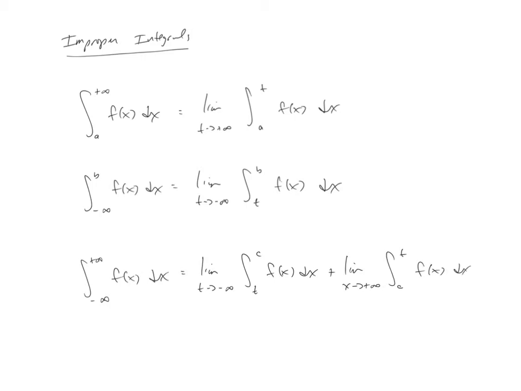We're using several of the properties that you learned back in Calc 1 on how we separated this. We do need to be careful though, because we're studying improper integrals. The c is not just a random c. It certainly can be any number of values, but we need to make sure that it wouldn't create a discontinuity in our function.